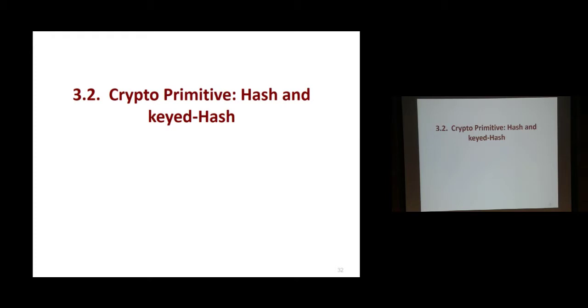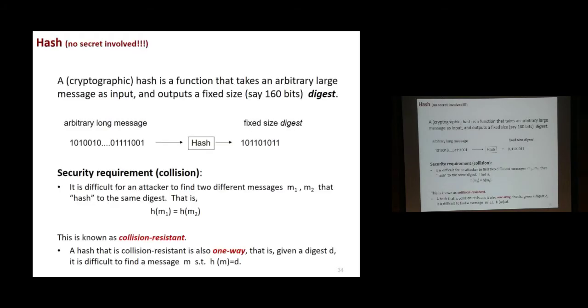So now we go to another primitive. Today we will only do the hash. What is a hash? A hash function takes a very long, arbitrarily long message, hashes it, and gets what we call the digest.